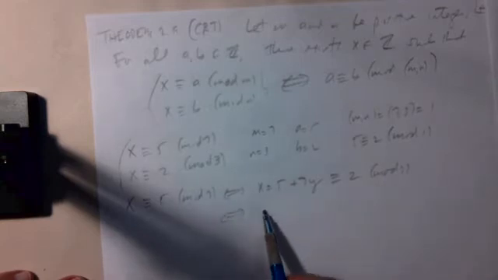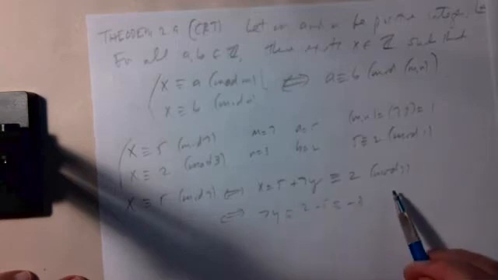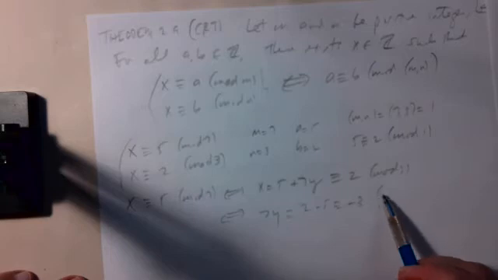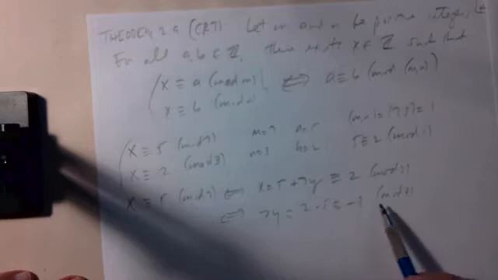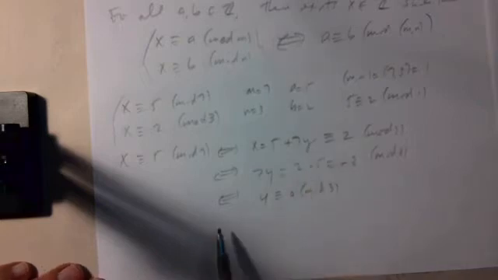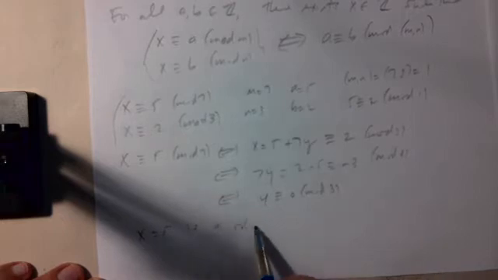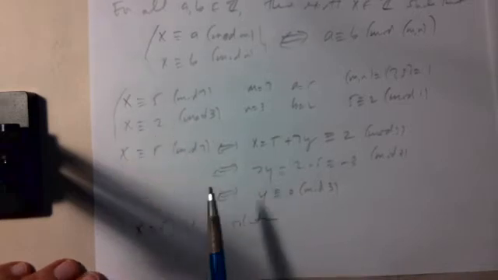That's the same as saying 7y is congruent to 2 minus 5, or minus 3, mod 3. Of course, this is a very easy problem because 3 is 0. So if and only if y is congruent to 0 mod 3. And if you take y equals 0, x equal 5 is a solution. Well, that was really easy because 5 is congruent to 5 mod 7, and 5 is congruent to 2 mod 3.